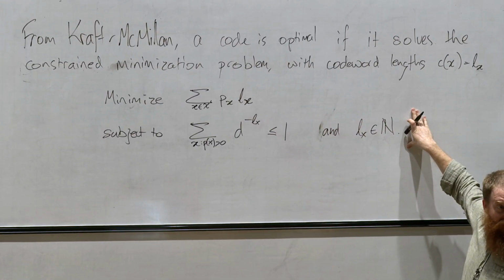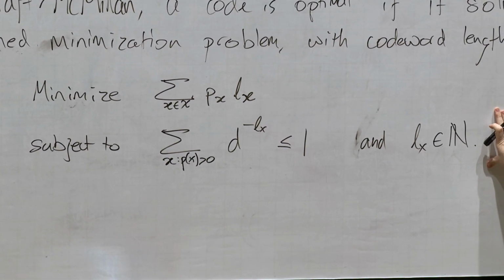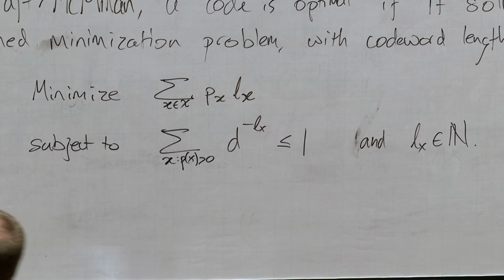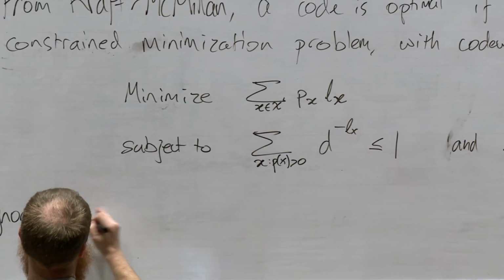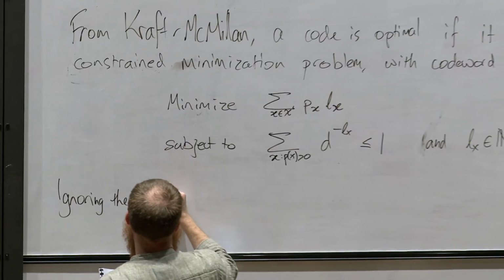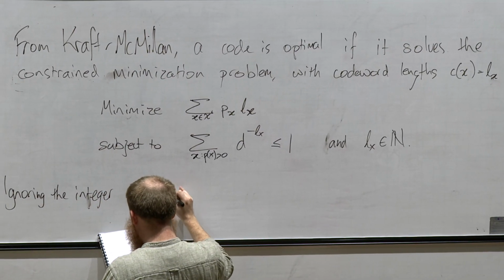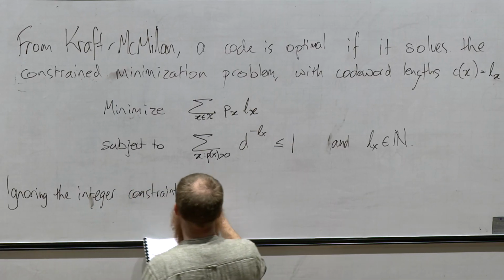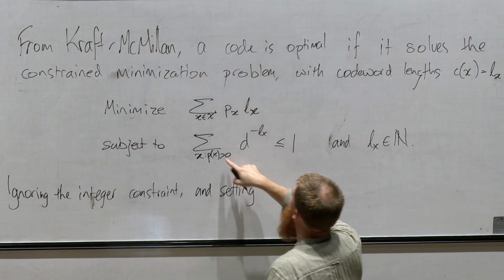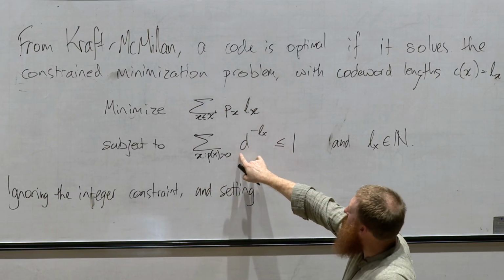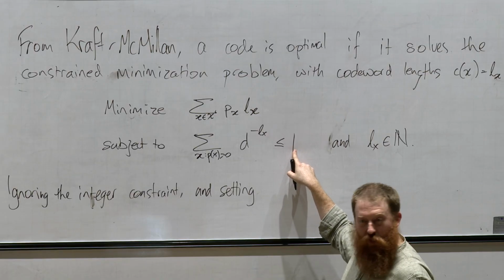But we can do something if we sort of forget that constraint. We can actually try and solve this thing in closed form, at least approximately, to give us some intuition. So ignoring the integer constraint, the best thing would be if I can make this exactly equal to 1, then I'm sort of using my code words fully.